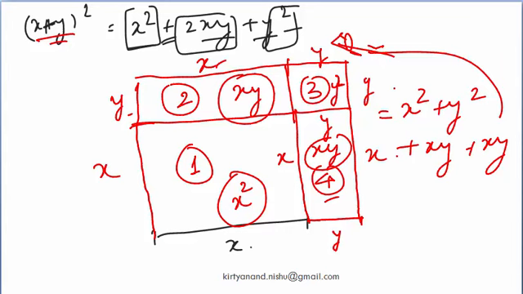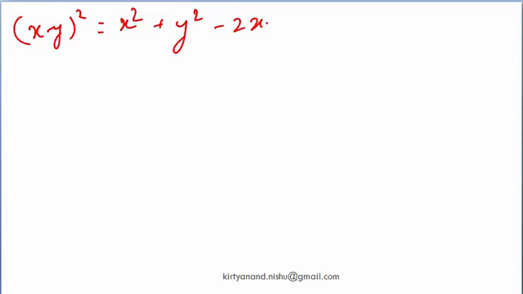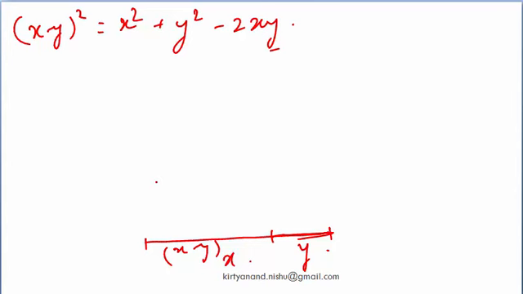Now, just to give you another example, we will quickly get into the counterpart formula, which is x minus y whole square, and we'll see the right interpretation of this. Here we start off with a line segment of length x, out of which we take away y. So this becomes x minus y, and then again we will form a square.